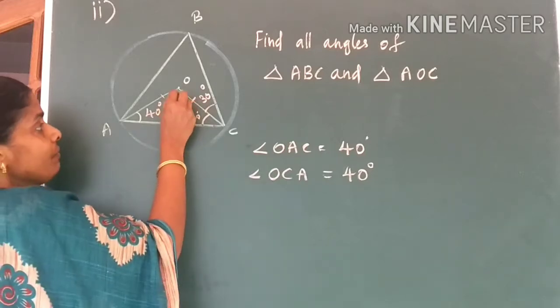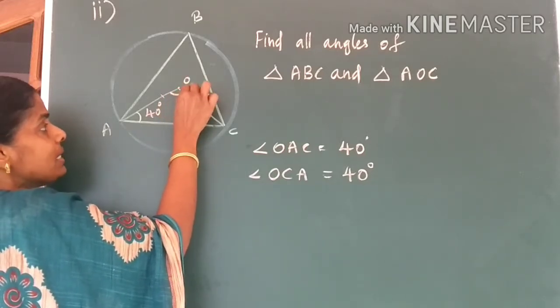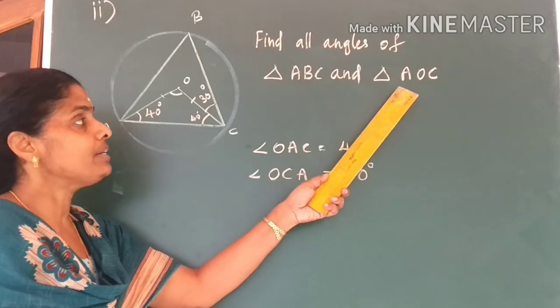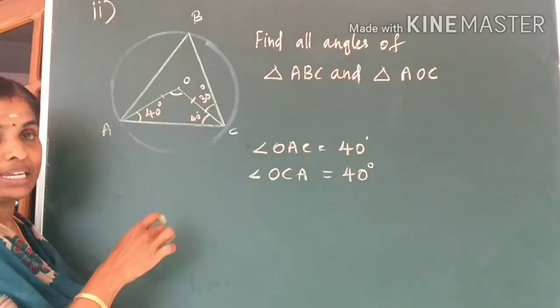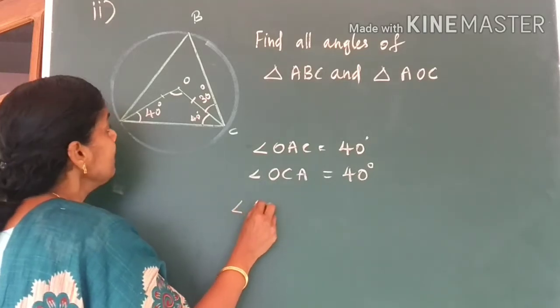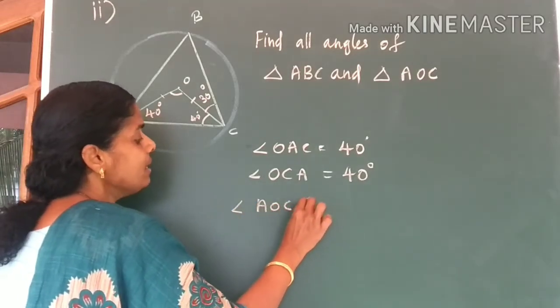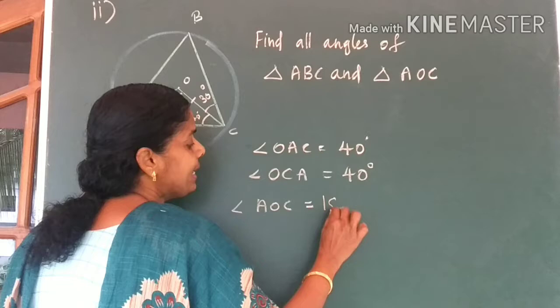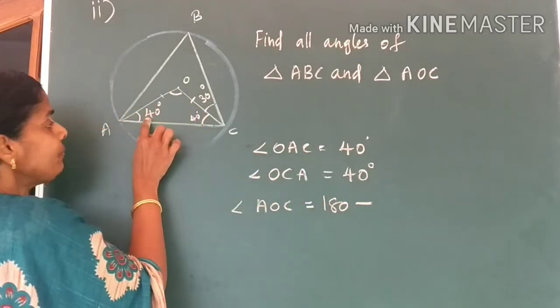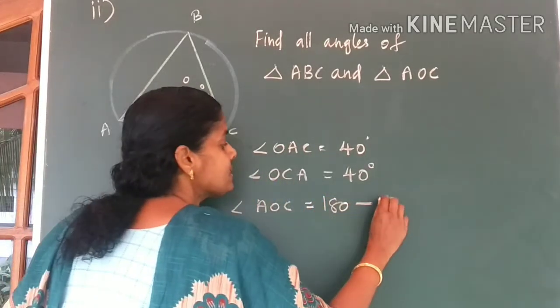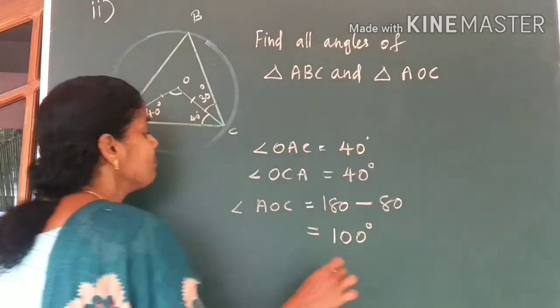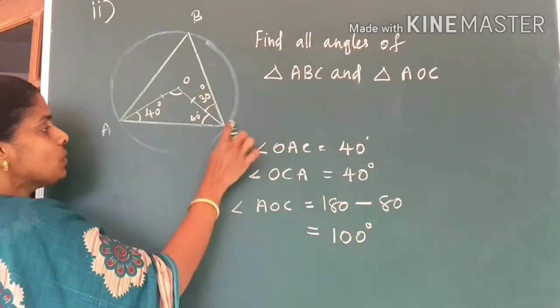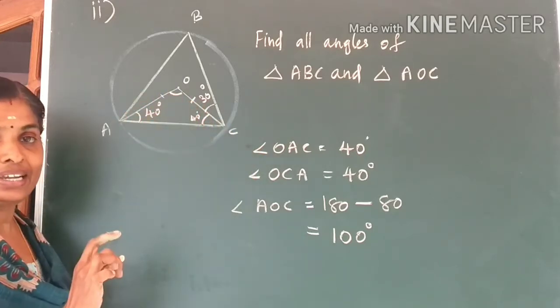Now we need this angle because we are asked to find out angles of triangle AOC. So to get this angle, what can you say? Angle AOC is equal to 180 minus of 40 plus 40, which is equal to 80. So you get 100 degree. So angle AOC is equal to 100 degree.